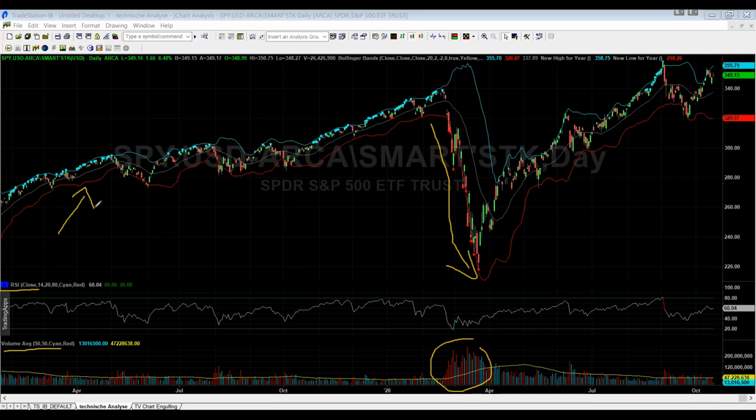I think the indicator itself normally doesn't give you the right entry or exit signals, or let's say long entry and short selling entry signals, but at least sometimes, like we saw here in the S&P 500 ETF, as soon as it's over 80, this was overbought. And exactly in this moment, at the beginning of September, the market was going back because I think it went too far, too fast in these last weeks of August.